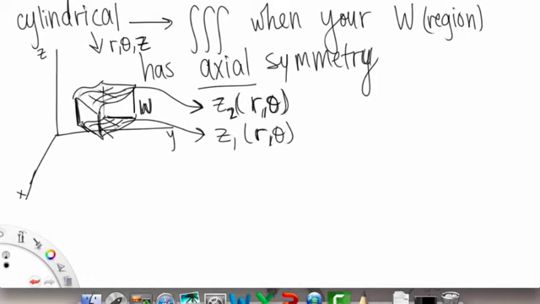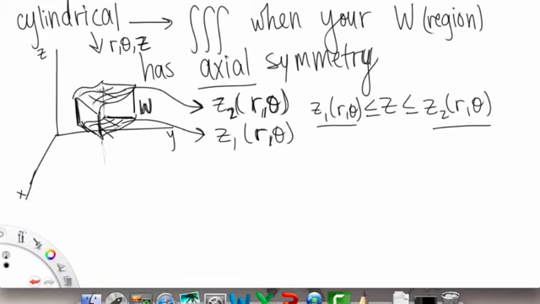So z ranges from z1 up to z2. It can't go below z1, that's its lower surface, and the upper surface, which it can't go above, is z2 of r and theta. That's like the ceiling and this is the floor, in this weirdly shaped room.